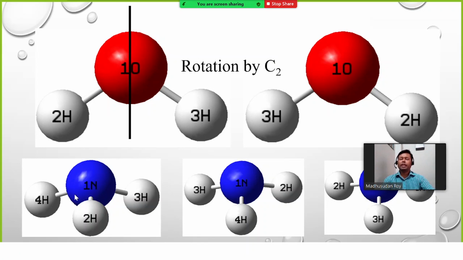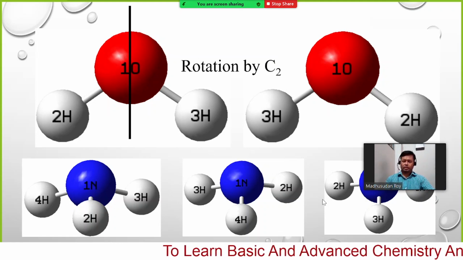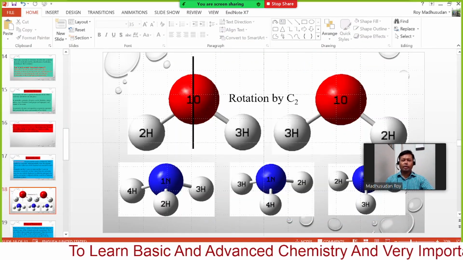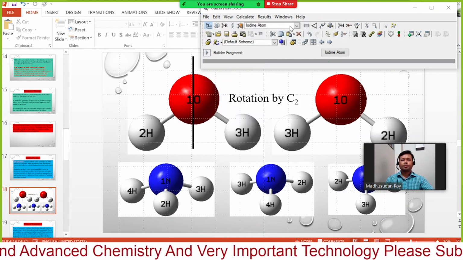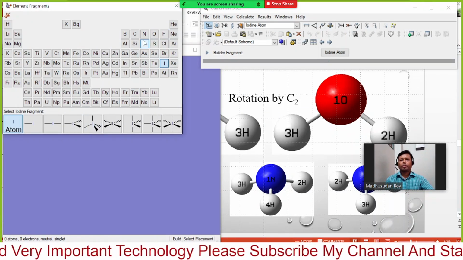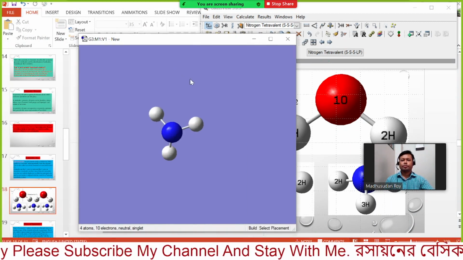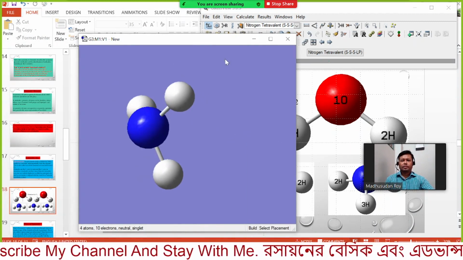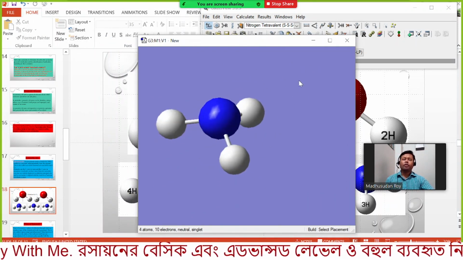But what about ammonia? You are familiar with the structure of ammonia. This is a pyramidal shape. See here, this is the pyramidal shape of ammonia.